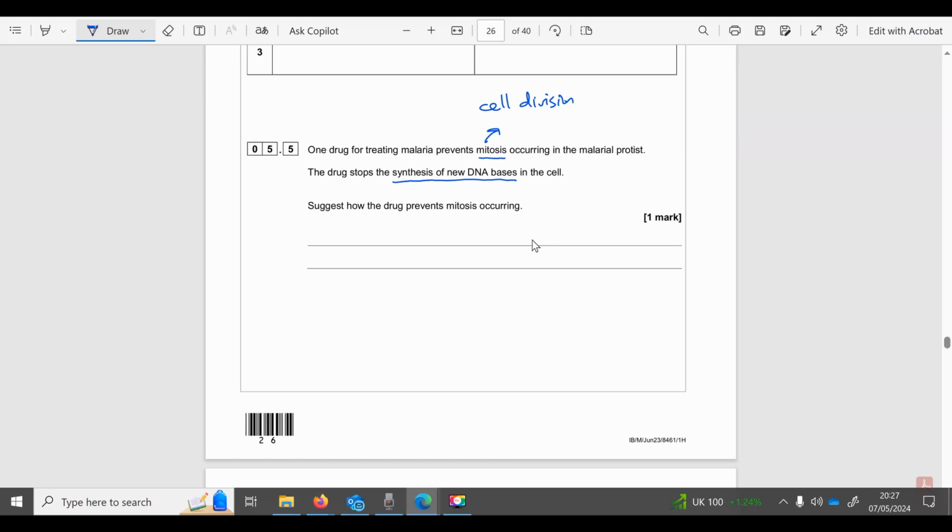However, mitosis does not involve DNA bases. So we can't really be thinking about something within mitosis being directly affected as a result of the bases. Well, remember that mitosis is part of the bigger picture, which is the cell cycle.